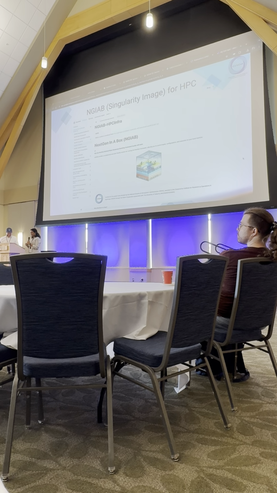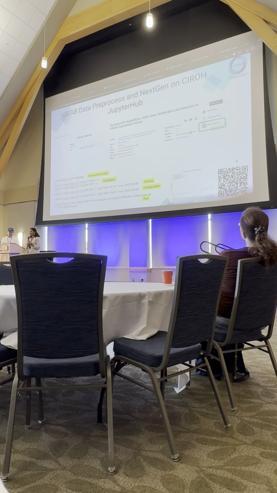All right. Yeah, so let me show a couple other ways to run NextGen on HPC. We have an HPC Singularity image that you can try on your end. We try to maintain both Docker image and Singularity on our end, and it has all the same capabilities as well. Another option to run NextGen is on CIROH JupyterHub.